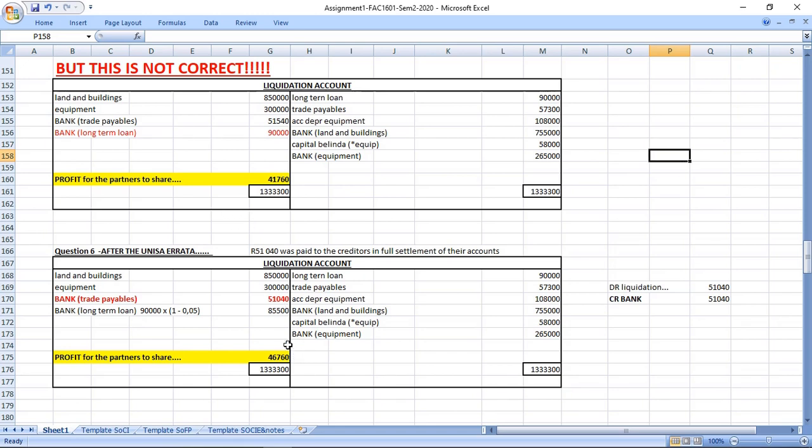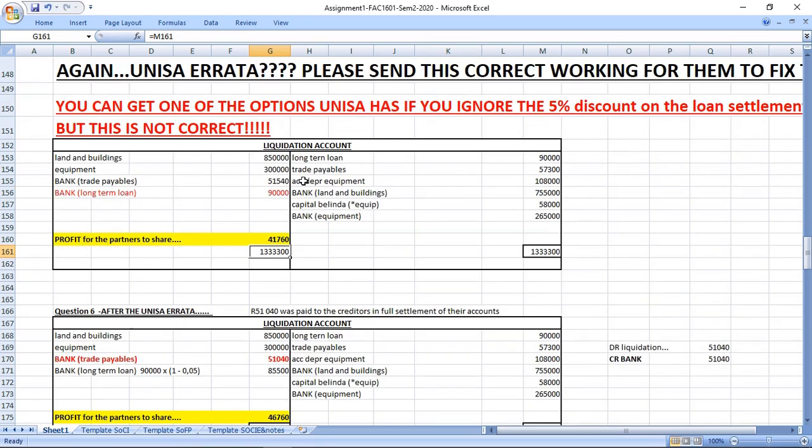This was 467. Question 6. Let's just check. So it's option 1. Minus. Let's just check this one. That one was also minus. Oh, okay, because this one ignored the discount. So if I ignore the discount, I didn't put 5%. So it's 51,540.